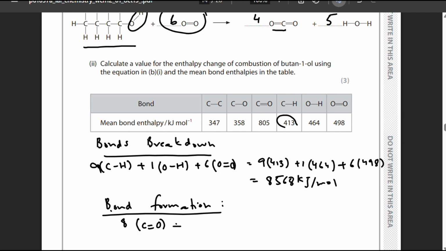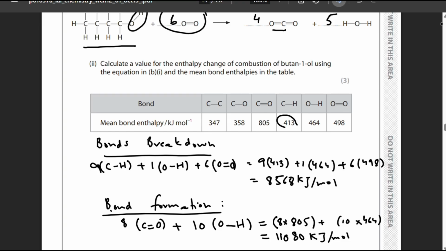Each water molecule contains two hydrogen oxygen bonds, and there are 5 water molecules, so the hydrogen oxygen bonds are 10. So 8 into 805 plus 10 into 464. So the total value is equal to 11,080 kilojoules per mole. Okay.